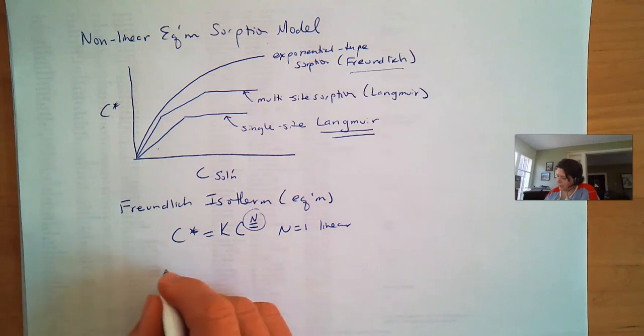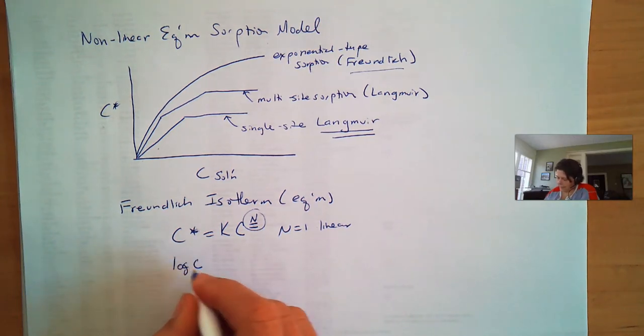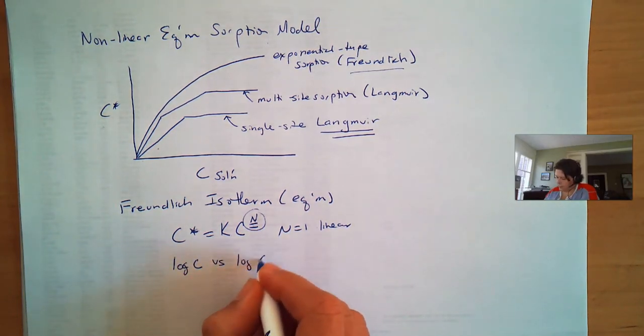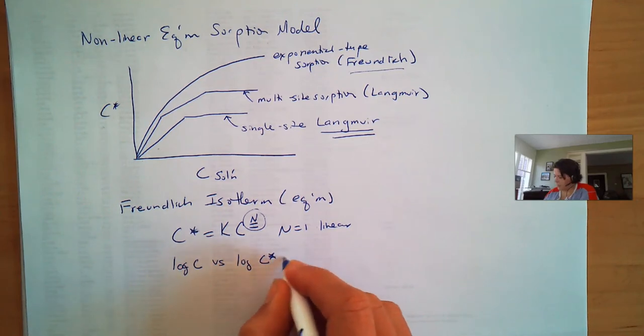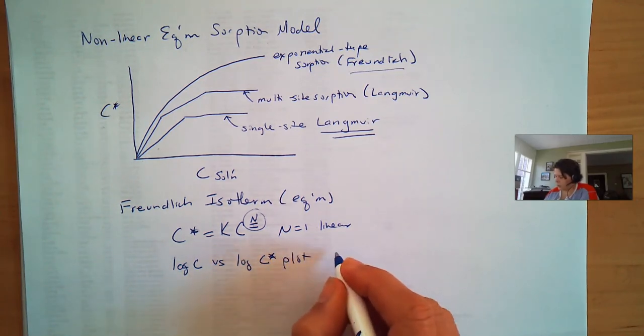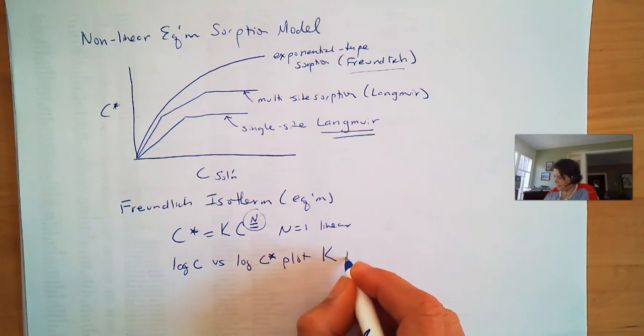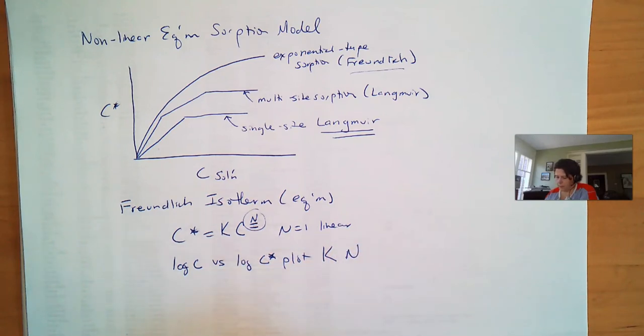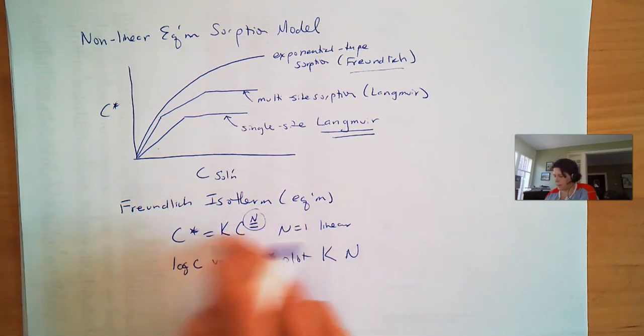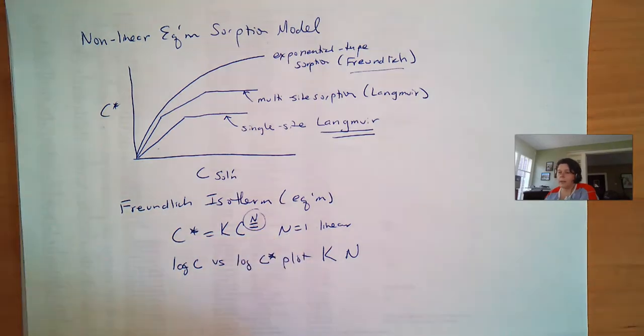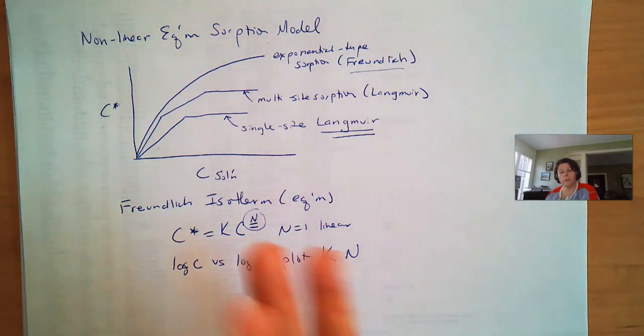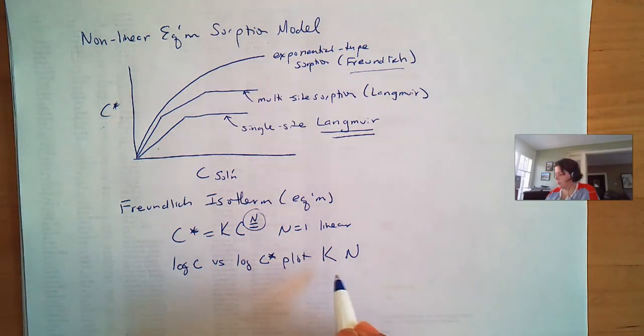So on a log C versus log C star plot, you can determine the K and the n from that, because then this will become linear under a log-log graph, and you can determine your K and your n off of that.